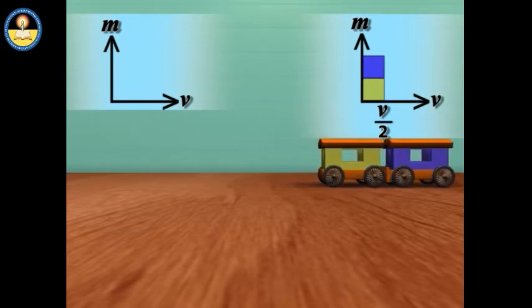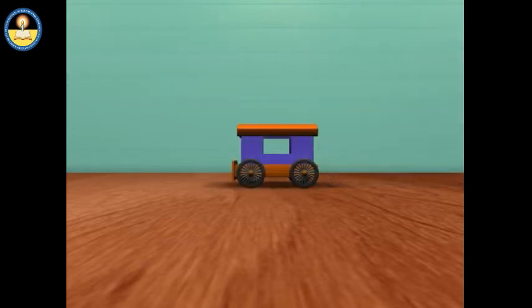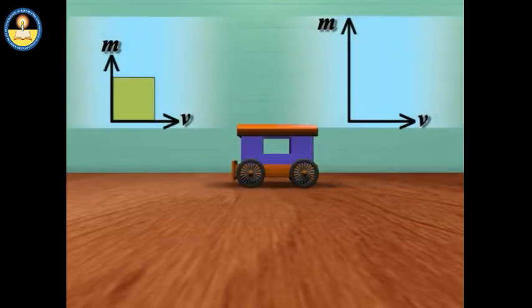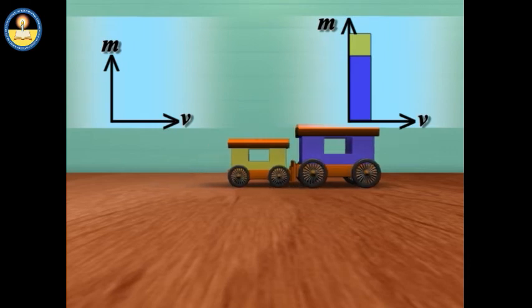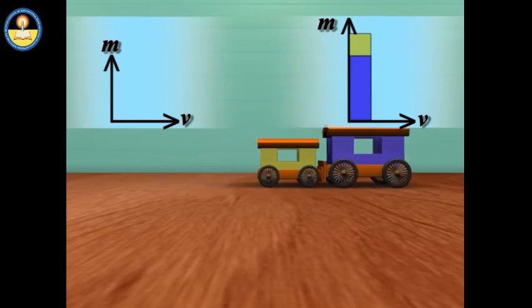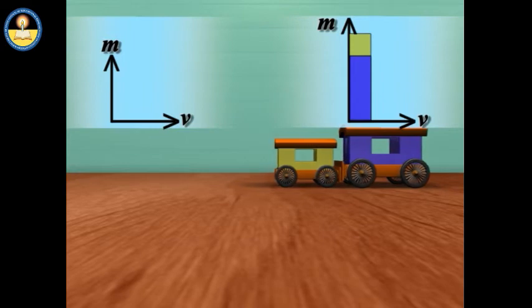Again, their momentum remains the same. Further, if both the trolleys are of unequal masses, then after the collision, both the trolleys move together in such a way that the total momentum of both the trolleys remains constant.